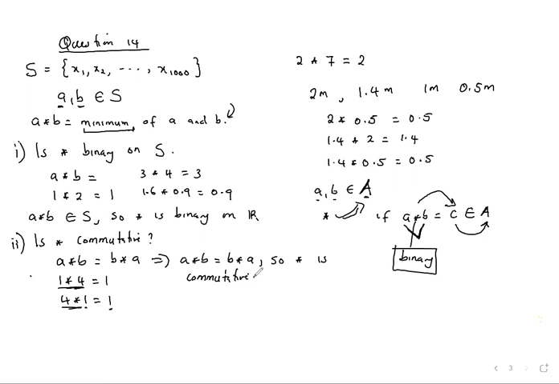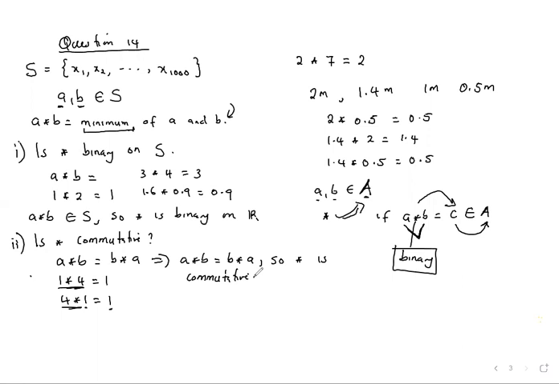Part 1 is just asking you to check if every time you get two heights, the answer will also be a height. Because A is a height, B is a height, star is just asking you to pick the shorter one, the minimum height of the two. If I have heights 1 and 2, then 1 is the answer. If I have heights 3 and 4, star is looking for the shorter one, 3. 1.6 star 0.9, star is looking for 0.9.